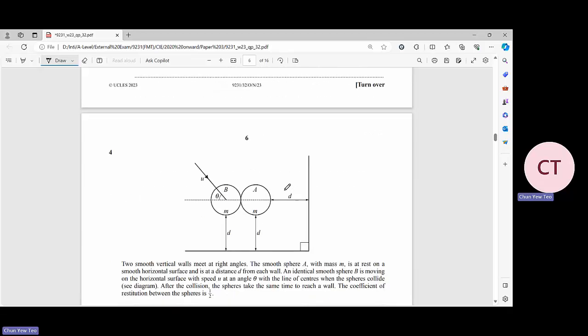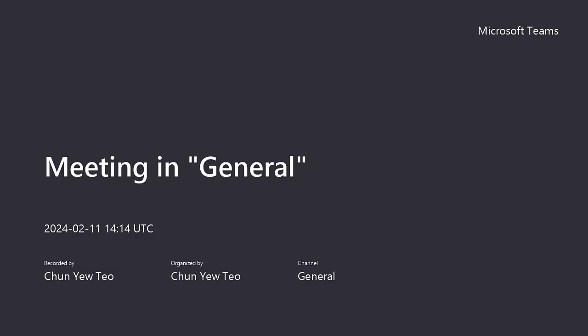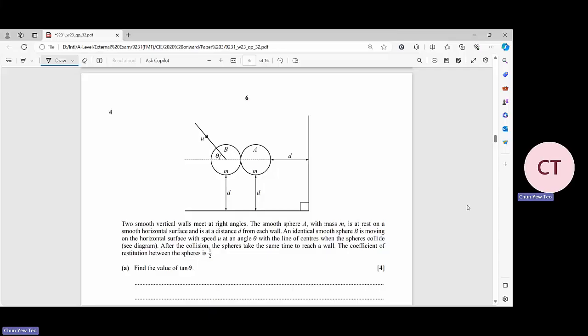And moving on, a new question, question number 4. Now we look at question number 4. We have two smooth vertical walls meeting at a right angle over here.